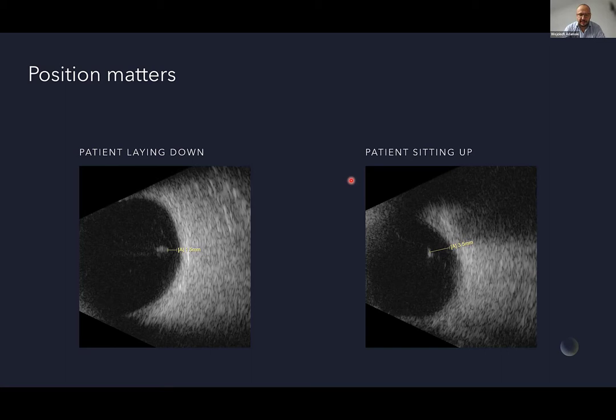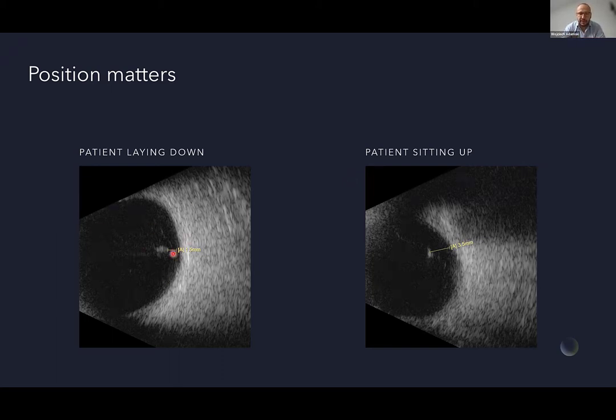We cannot forget that, because our usual approach to ultrasound is the patient lying down, using the probe and seeing what's going on there. So if we skip that part, thinking about the position of the patient, we may miss a lot of patients that could have benefited from vitreolysis but didn't, because we didn't do that examination.